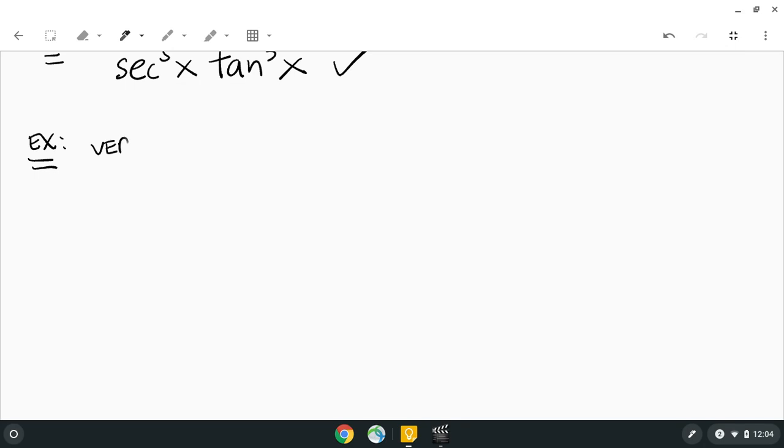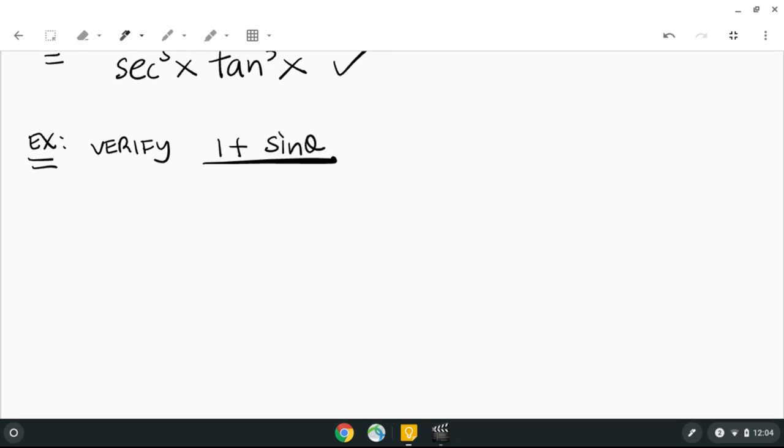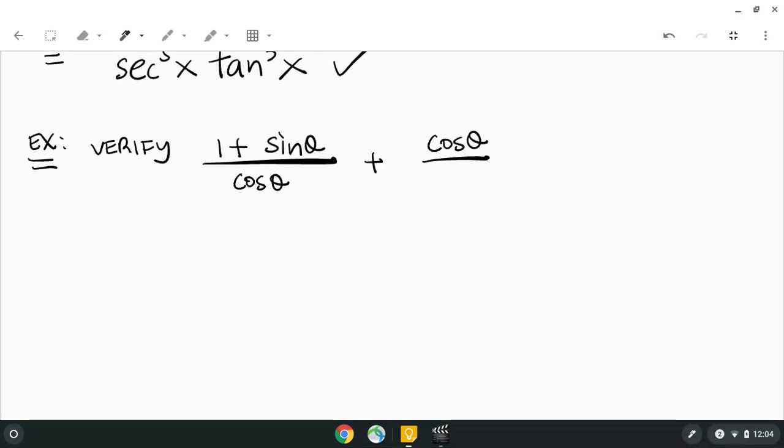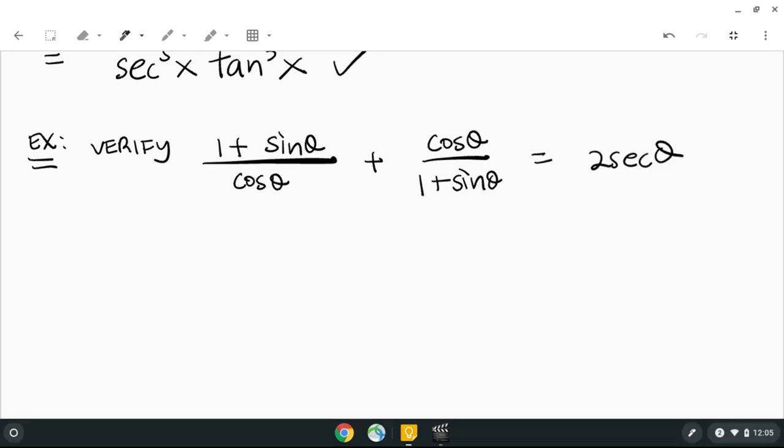So let's verify 1 plus sine theta over cosine theta plus cosine theta over 1 plus sine theta. Verify that this equals 2 secant theta.